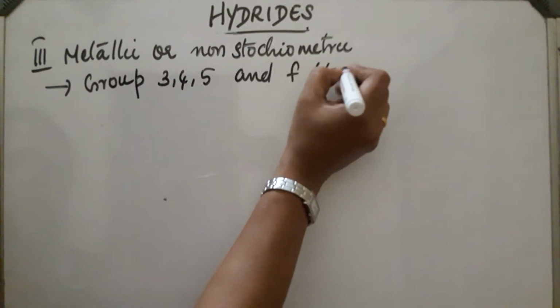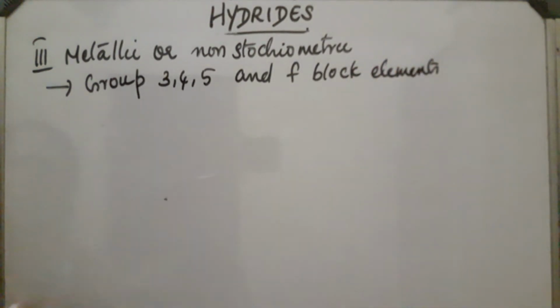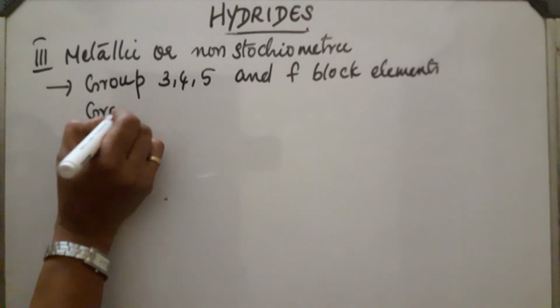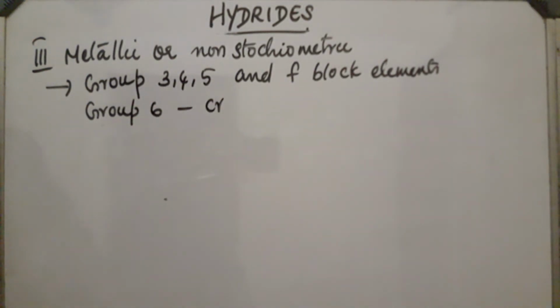The d block and f block elements form these types of hydrides, metallic or non-stoichiometric hydrides. Okay. From the sixth group, only chromium forms a hydride, that is CrH. Then groups 7, 8, 9 do not form these hydrides.